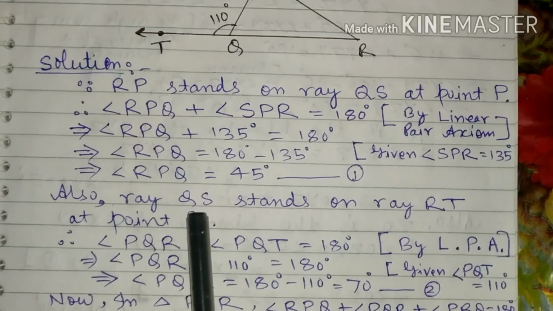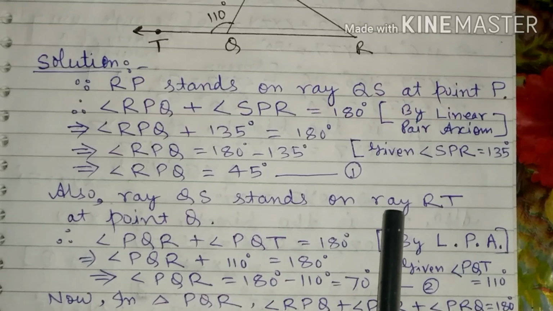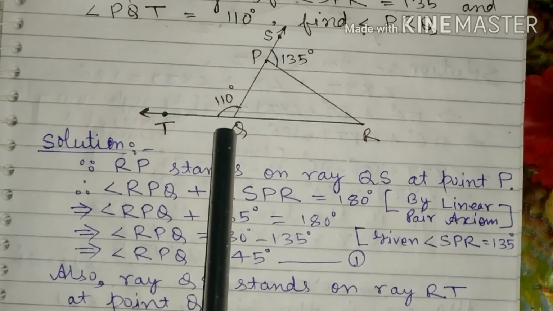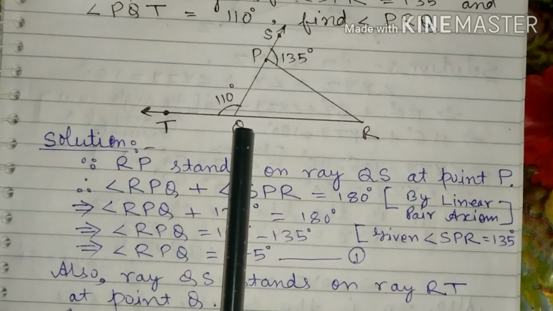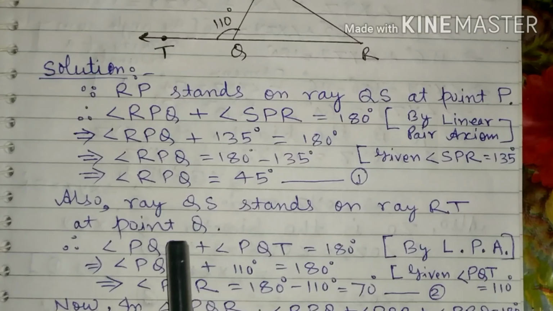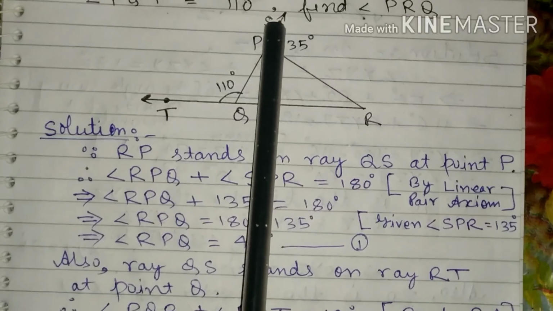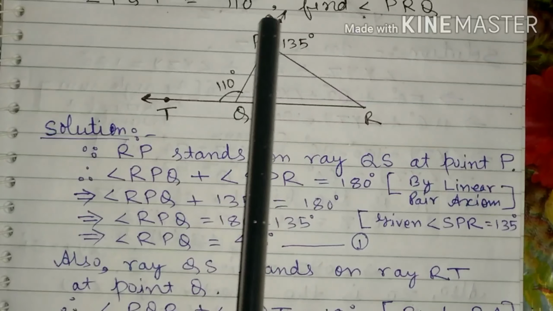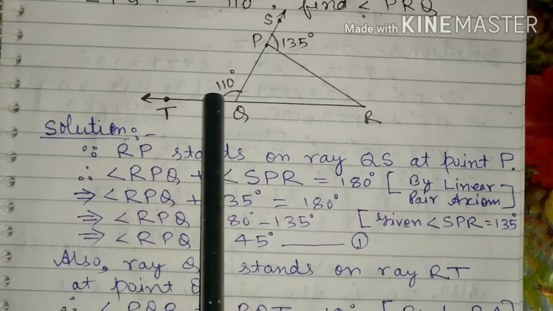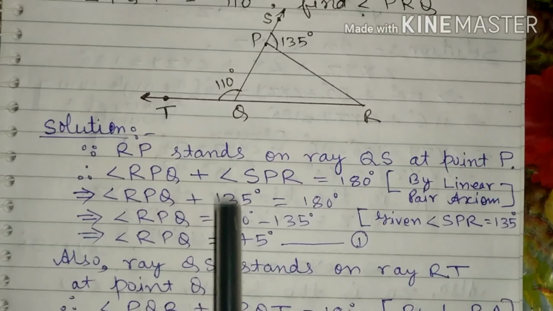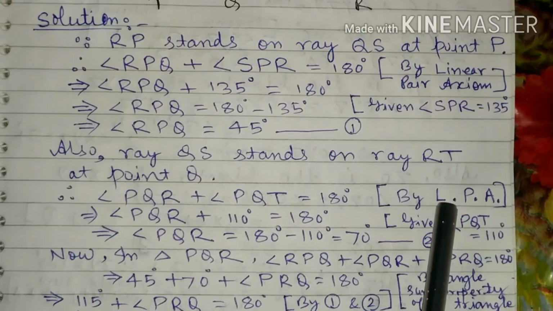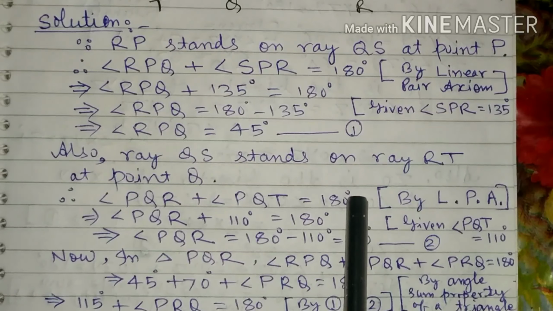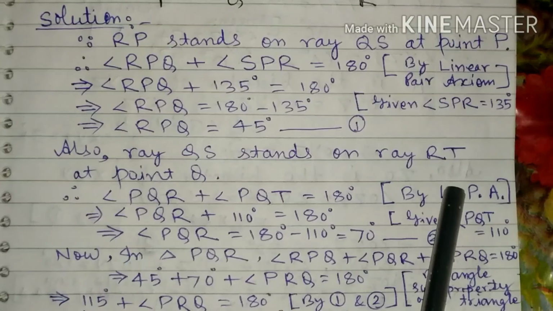Also, ray QS stands on ray RT at point Q. Therefore, angle PQR plus angle PQT, the sum of these two angles, is equal to 180 degrees, again by the linear pair axiom.